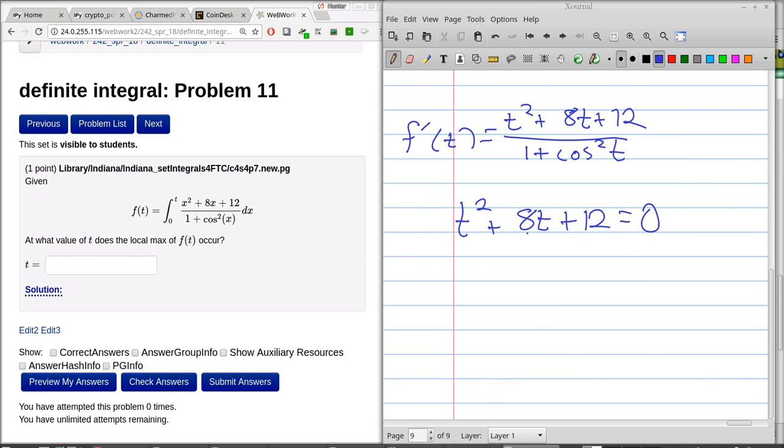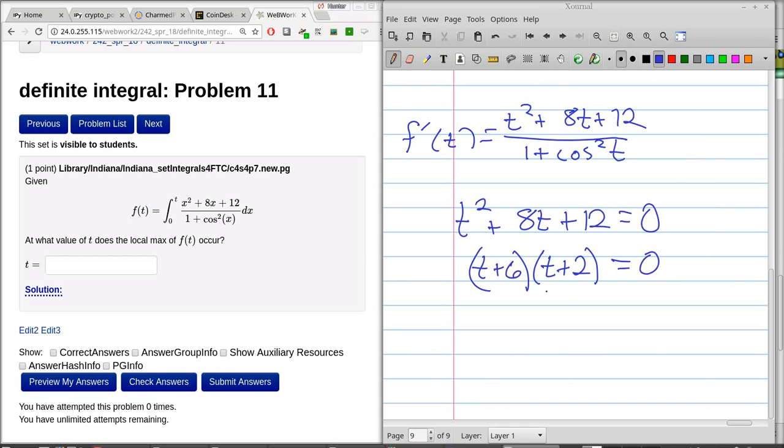Now, does it factor? Are there two numbers that multiply to be 12 that add to be 8? 6 and 2. So this is t plus 6 times t plus 2 equals 0.